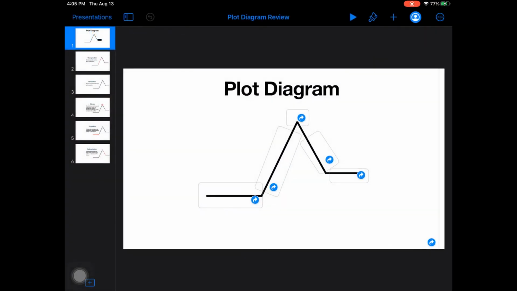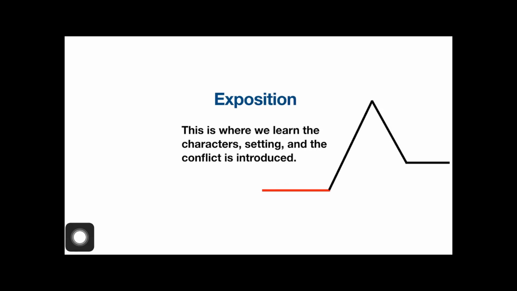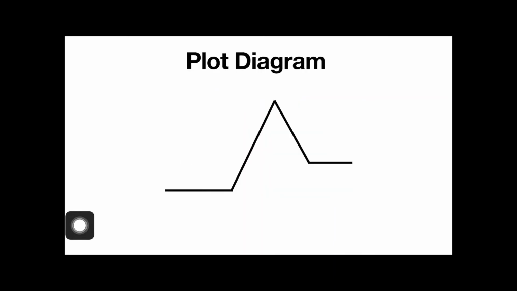But when I open up the plot diagram, you'll see up here there is a play button. So I'll hit the play button. And so now what I did is I created this. So let's say students are reviewing plot diagram and they're like, okay, I'm pretty sure this is exposition. They click it. And then I have it linked to this slide where it explains what exposition is. They can click anywhere.